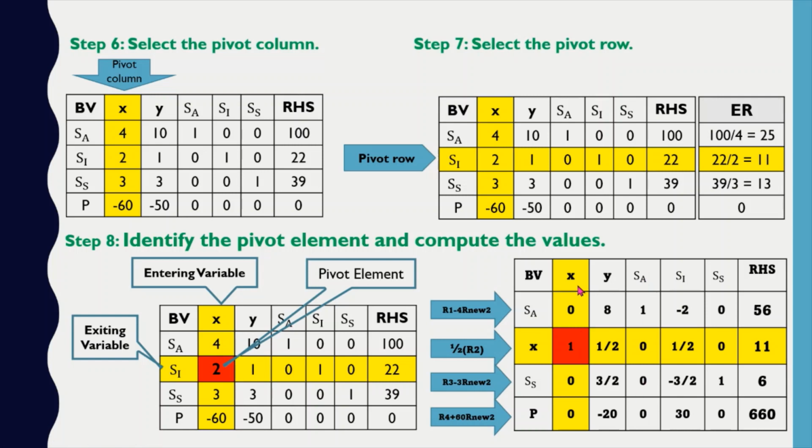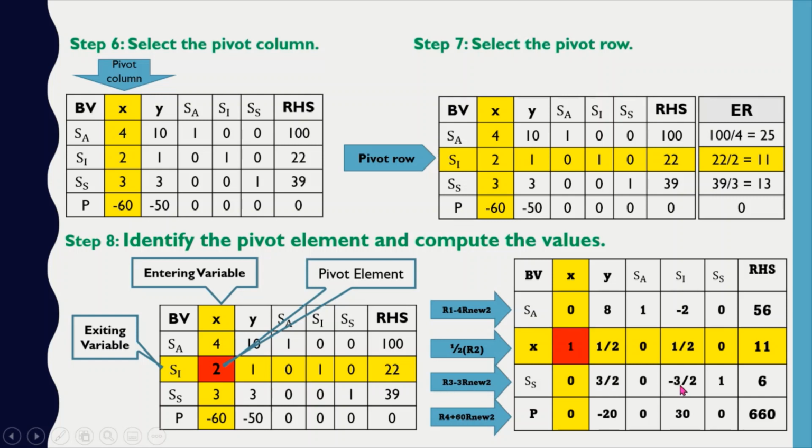We have here the value is 0, but also the value here is 0, so that means 0. So R3 0 minus 3 times 0, so that is 0. For slack variable SI, we have here SI also is 0, minus 3 times our new value of our row new 2, which is 1 half. So 0 minus 3 times 1 half, so that is negative 3 halves.